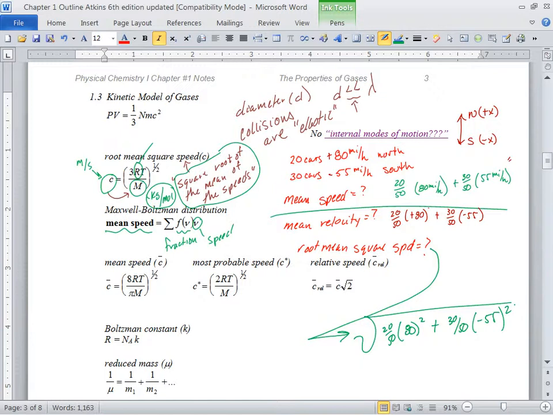Okay. The mean speed. Now we're going back to molecules and not cars and automobiles. Okay. The most probable speed. Relative speed. Okay, just some different variations.